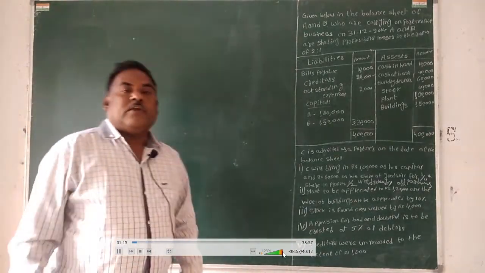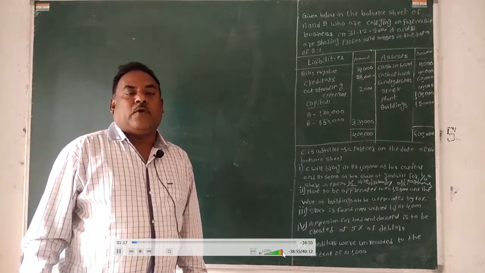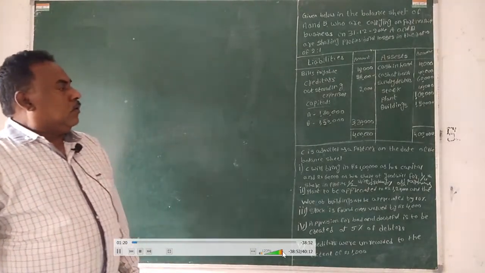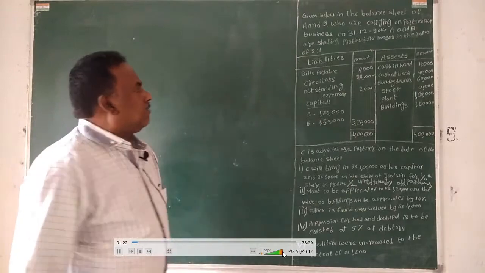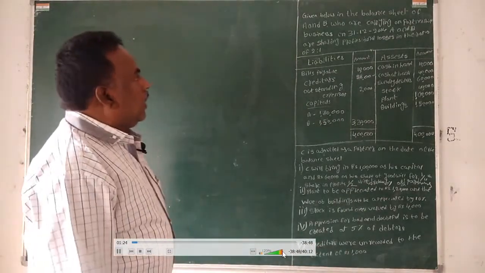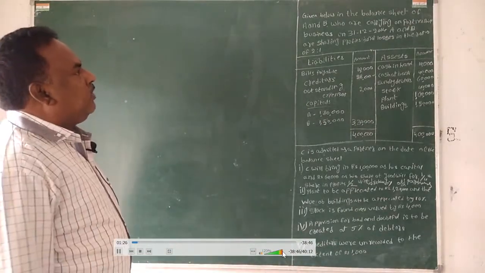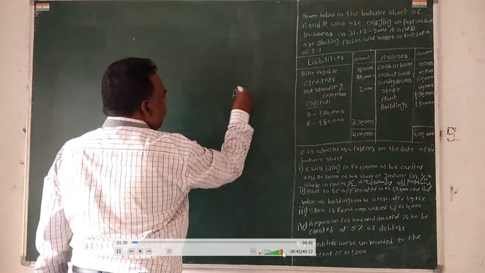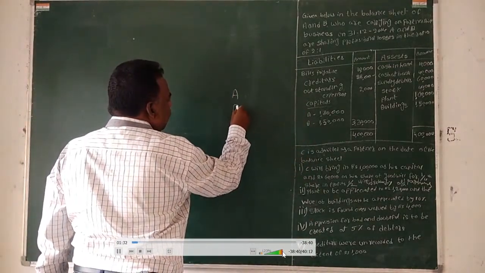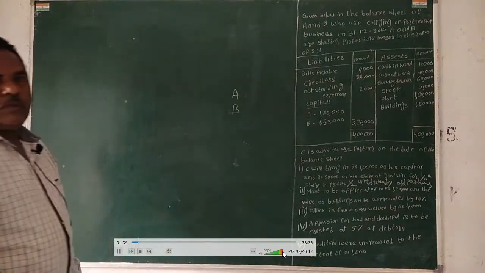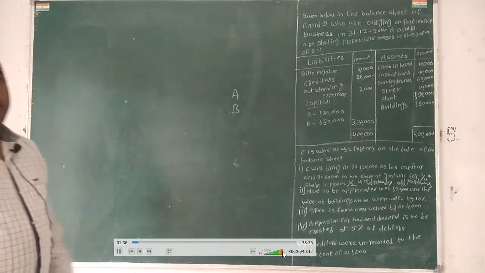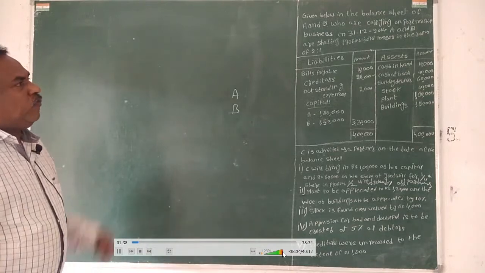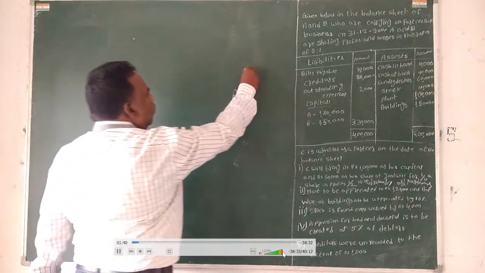Today, this is the problem exercise. Given below is the balance sheet of A and B. Here A is one partner and B is one partner. Their profit sharing ratio is 2:1. That means A gets 2/3 and B gets 1/3.